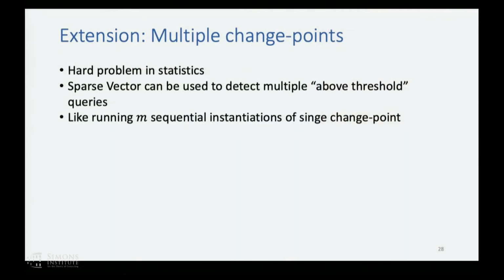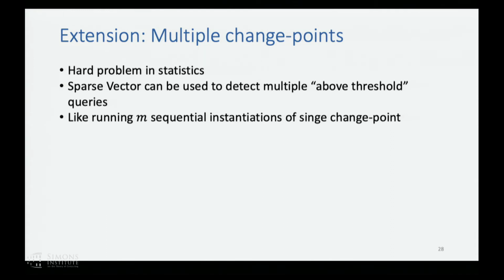Okay, and so someone asked about multiple change points. A few people did. I think actually this is a nice meta point, which is that in statistics, this is a really hard problem.